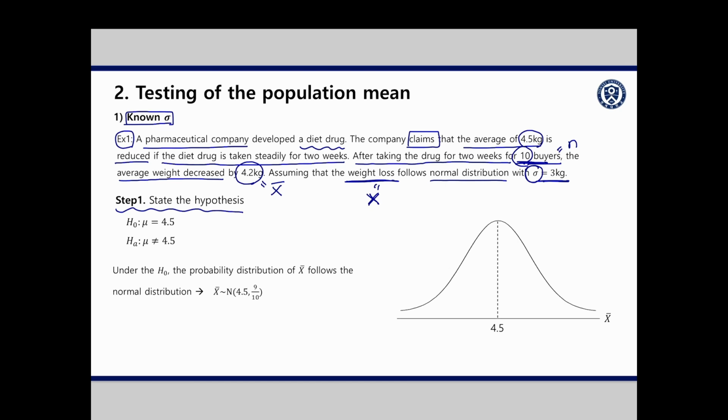Since the company claimed that the population mean is 4.5 kilograms, the null hypothesis H0 is mu equals 4.5 kilograms, and the alternative hypothesis is mu is not equal to 4.5. Now it is a two-side test.